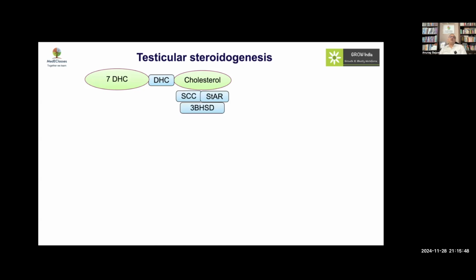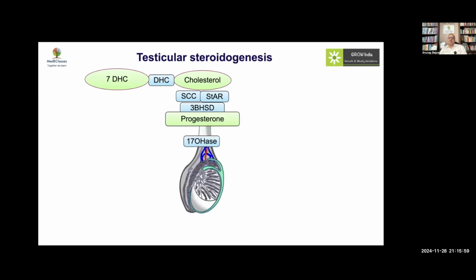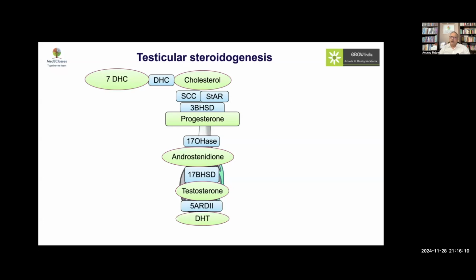This cholesterol is then converted via three major enzymes, the proximal enzymes as we say, side chain cleavage, StAR and 3-beta HSD into progesterone, which is then converted in the testis via 17-hydroxylase to androstenedione, 17-beta hydroxysteroid dehydrogenase to testosterone, which is then activated via 5-alpha reductase to dihydrotestosterone, which has 100 times greater affinity to the androgen receptor, and this DHT will then act on androgen receptor to cause the overall action.